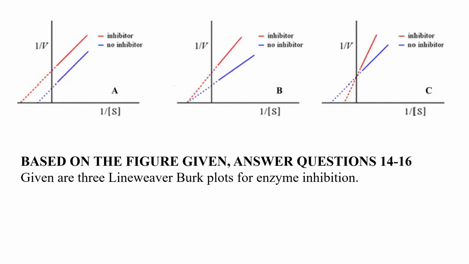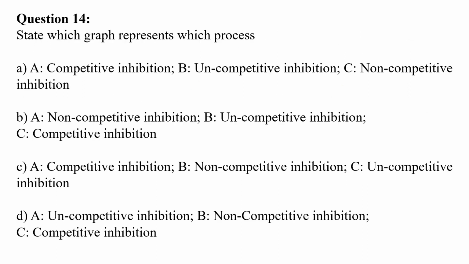So non-competitive inhibition is shown by graph B. And graph A, where both Vmax and Km are changing, is the uncompetitive inhibitor. So the answer is uncompetitive, non-competitive and then competitive. So option D is the correct answer. I hope this is clear.